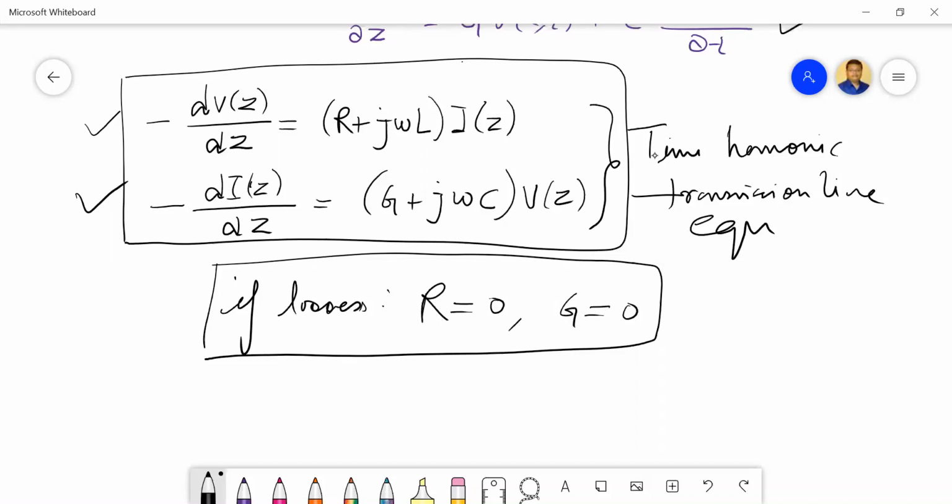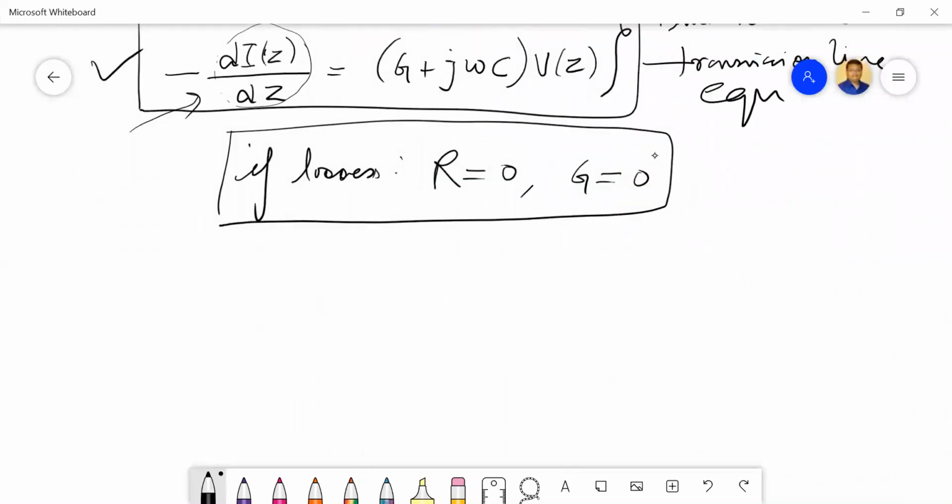Why? Because when you do the differentiation with respect to z, this becomes dI/dz, and this term could be recalled from the other equation and you can put it there. So the whole equation is in terms of V. Or similarly, if you differentiate the second equation, again you can do it like this. In this way you get a very nice equation, which we also did in electromagnetics.